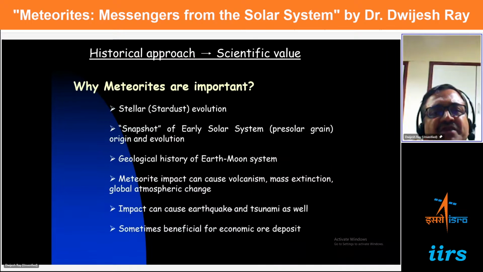Sometimes meteorites can cause hydrothermal mineral deposits, like in Sudbury, Canada. The nickel-copper deposit is formed due to the Sudbury impact crater, where the impact remobilized the elements, nickel and copper, and they reprecipitated in the form of hydrothermal minerals.